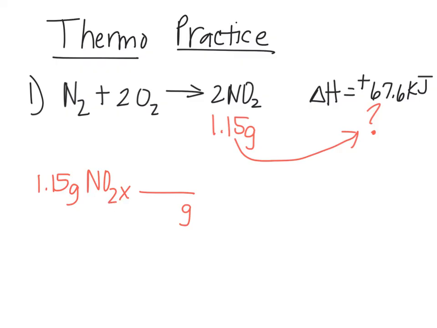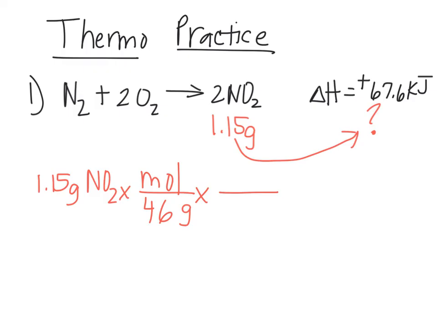So let's go ahead and do that. So we know nitrogen is 14 plus 2 oxygens, so that's a total of 32, which gives us 46 grams. So make sure you double check my math. 32 plus 14. Okay, yeah, 46 grams per mole.